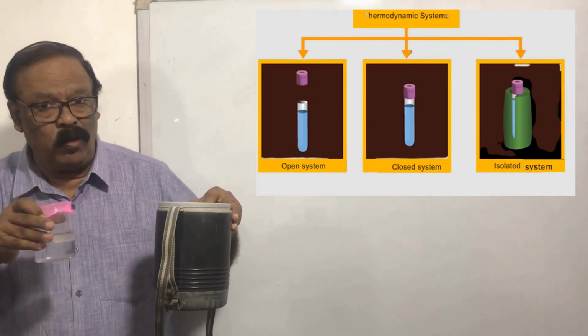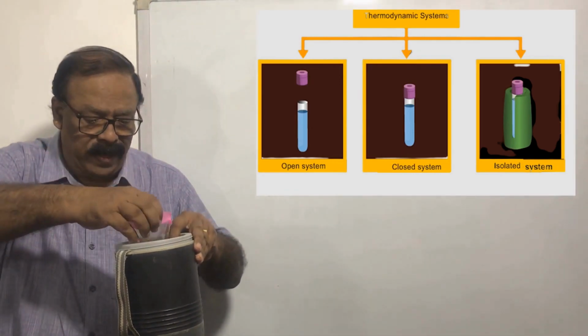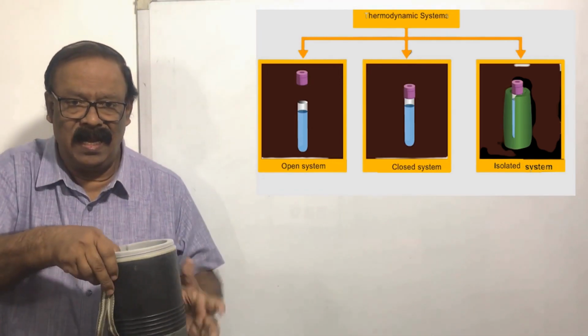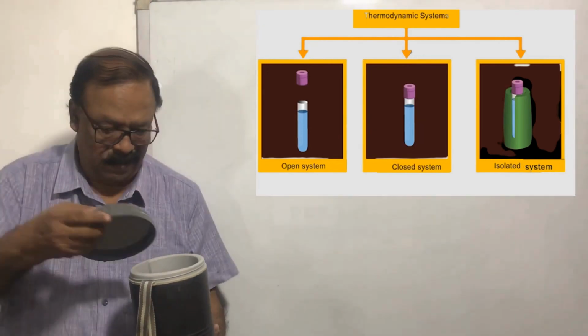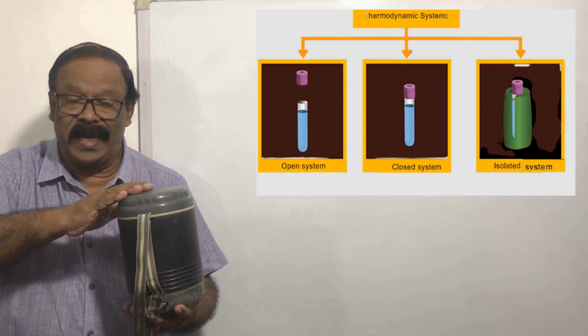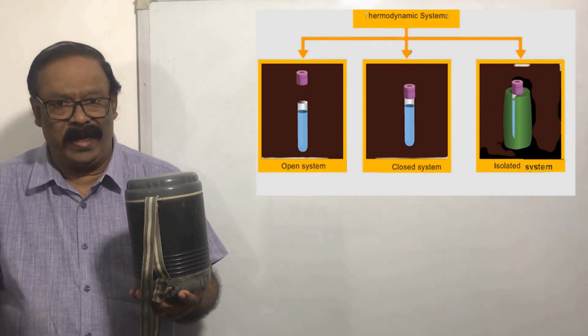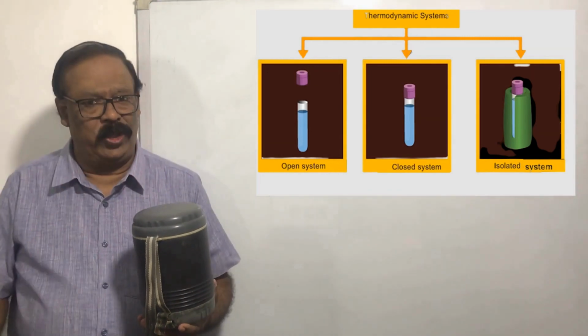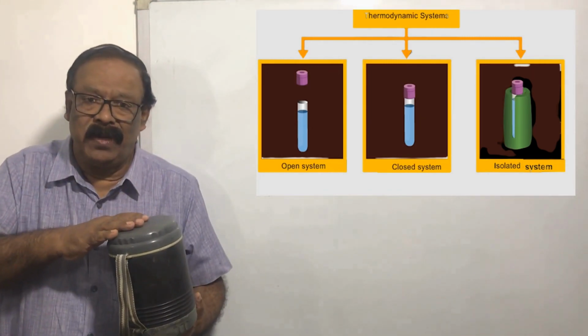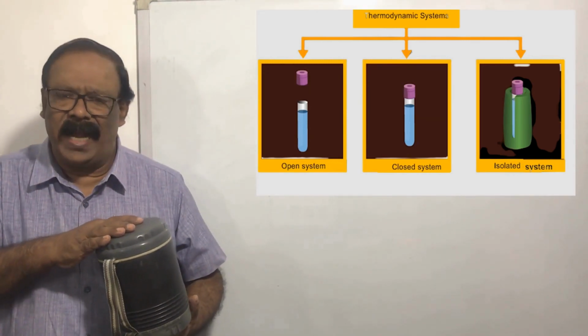Heat cannot go outside. Outside heat cannot go in. I am keeping this beaker inside this vessel and closing it. So there cannot be exchange of heat between the system and the surrounding. Matter also cannot be exchanged. Such a type of system is called an isolated system.